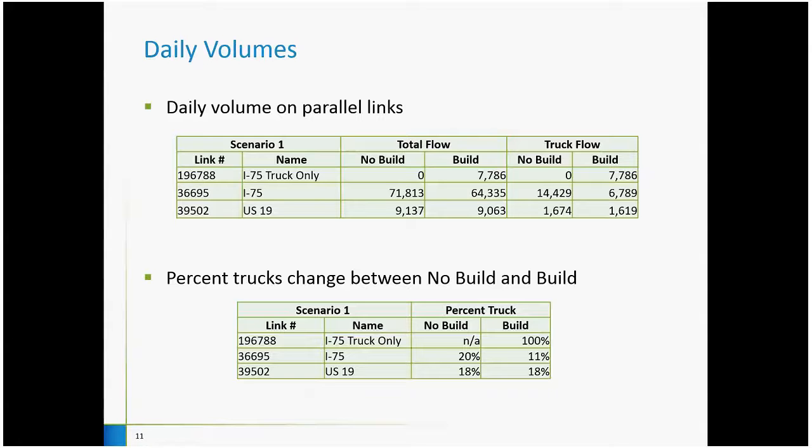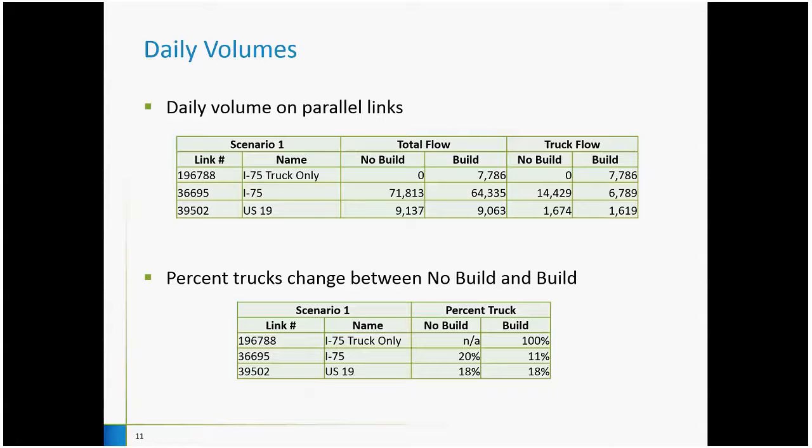You can see, if you look at the first row for the I-75 truck-only lanes, the no build has 0 volume, and the build has volume. And this just shows the diversion that occurs.